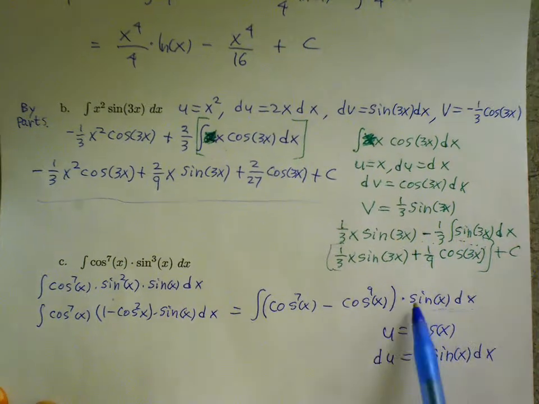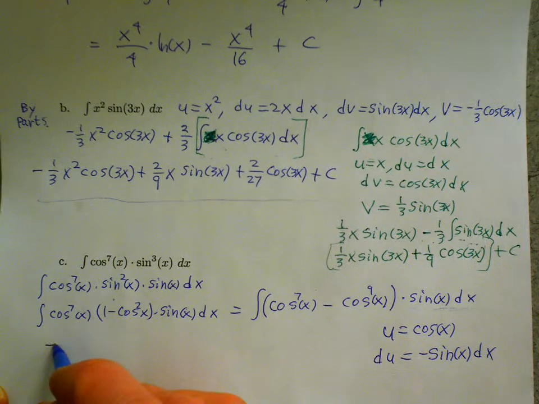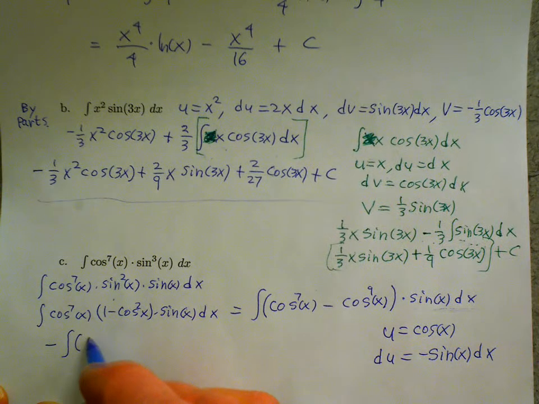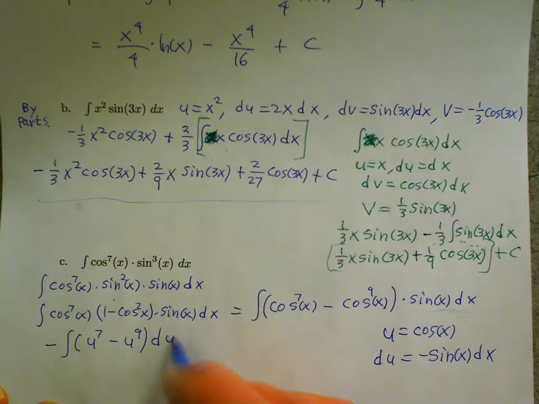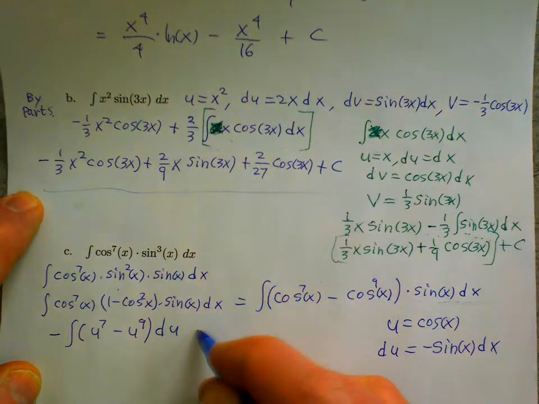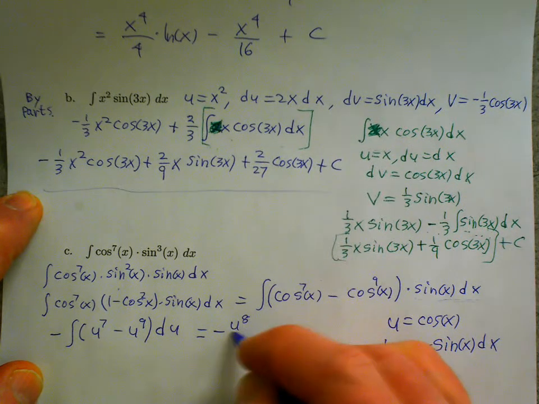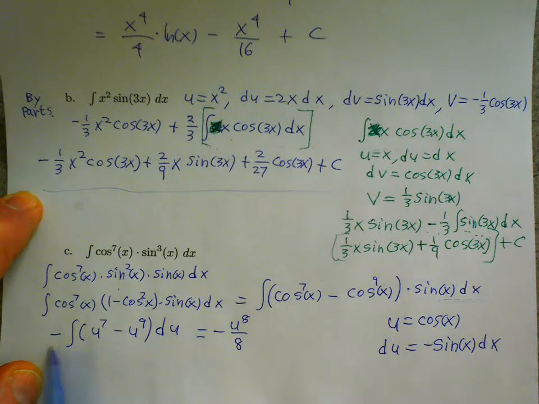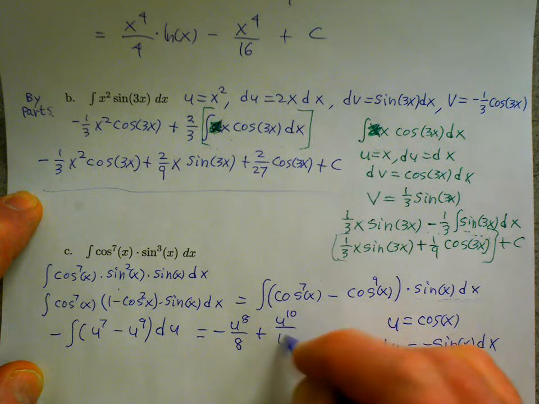So when we do that bit of transformation, we'll end up with the negative of the indefinite integral of u to the 7th minus u to the 9th du. So we'll get the negative of u to the 8th over 8, and then the negative of a negative is positive u to the 10th over 10 plus c.